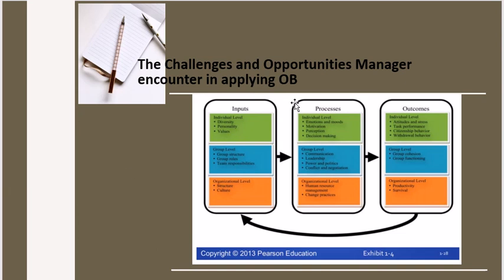When we talk about the processes, these are verbs, as inputs are nouns in organizational behavior. These are the actions that individuals, groups, and organizations engage in as a result of inputs and that lead to certain outcomes. As for the outcomes, these are the key variables that are needed to explain or predict and are affected by some other variables.